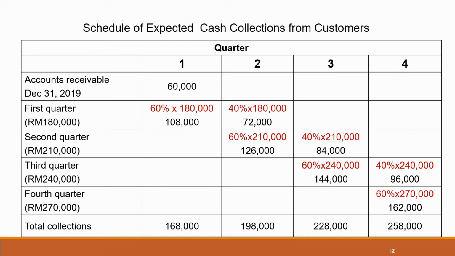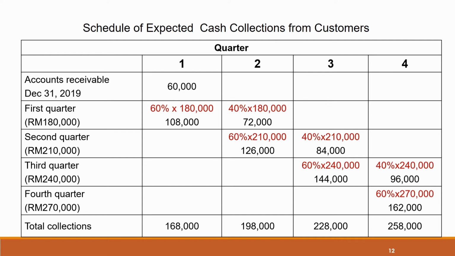The total sales for third quarter is Rm 240,000. We will receive in the third quarter 60% from 240,000. So the amount is 144,000.